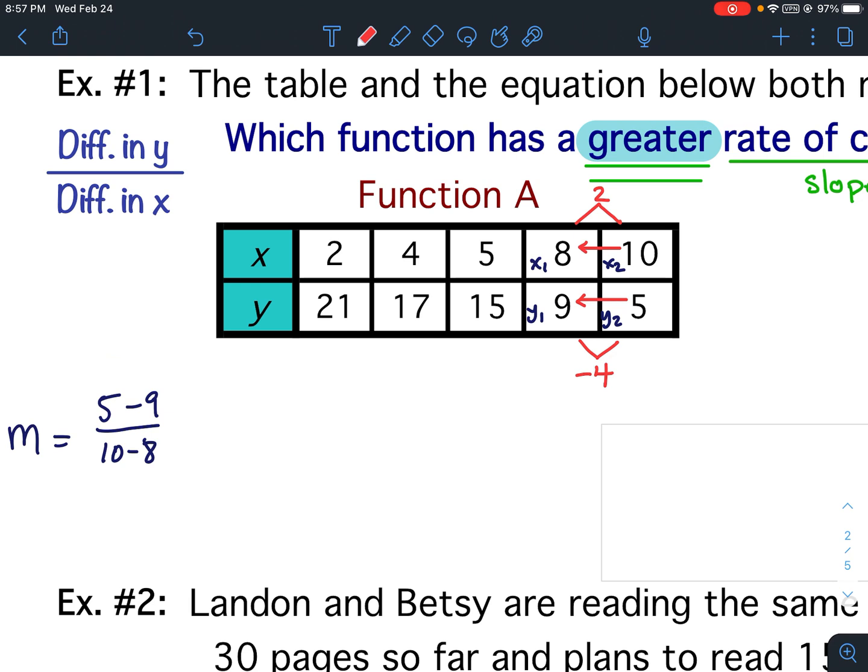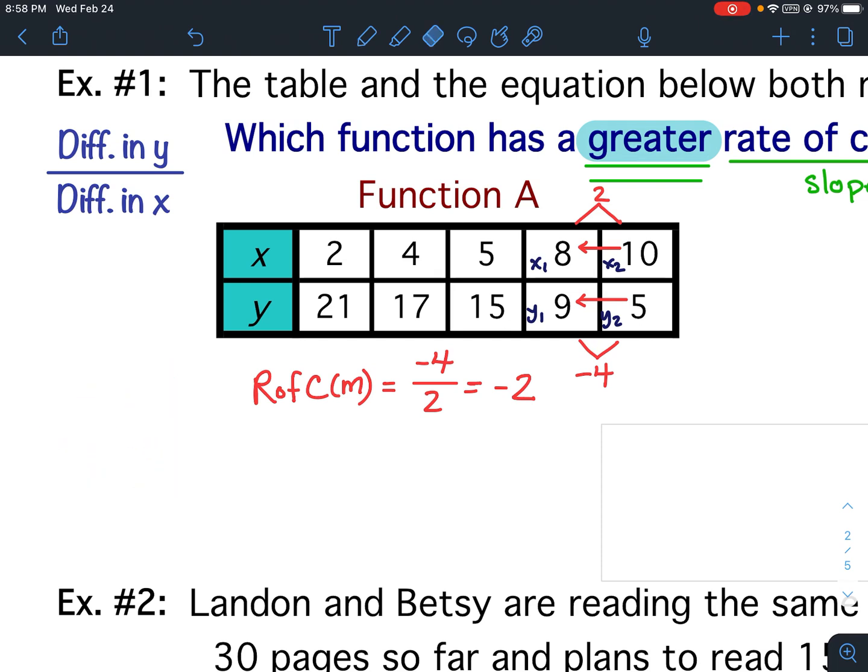That's perfectly fine. Or you could simply do the subtraction. And then your rate of change would be the difference in y values over the difference in x values. And -4 divided by 2 is -2. If you put this in your calculator, you would get -4 over 2. You would get the same thing. So it is up to you how you would like to find the slope.